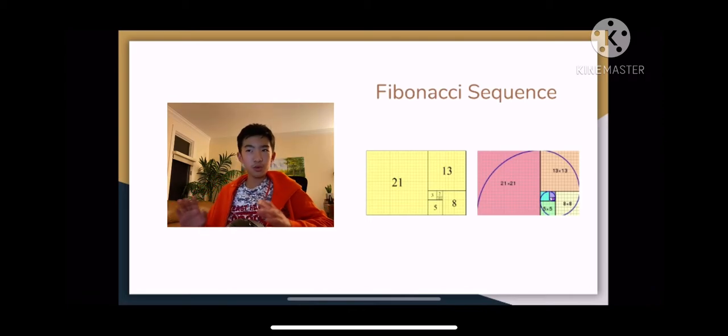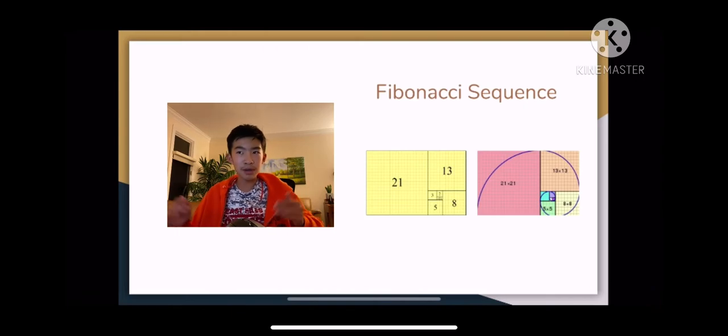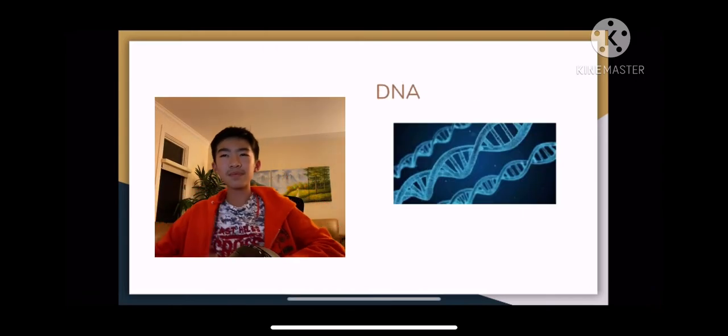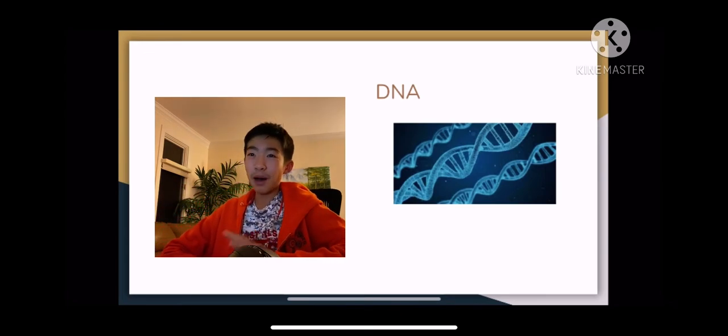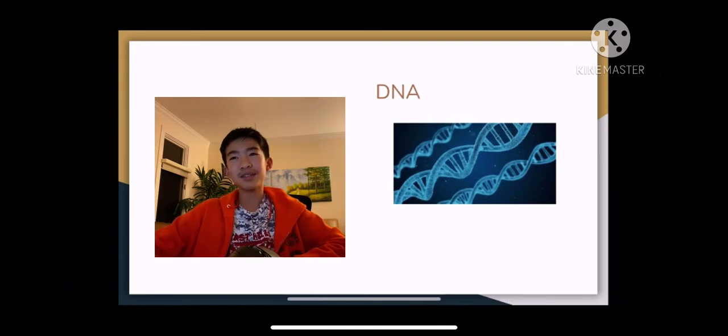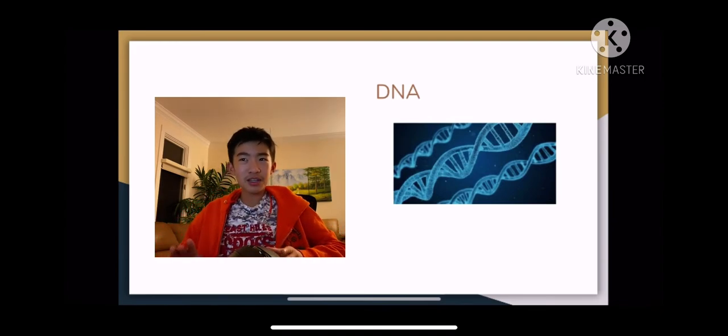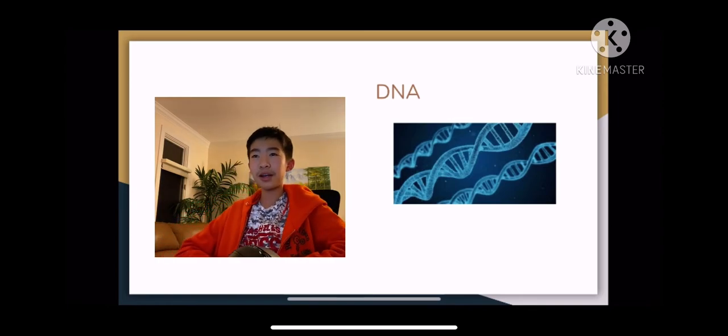Now, this is all cool, but how will this prove that Fibonacci isn't just a useless math concept? Here's an example. Think of the billions of cells in your DNA. What do you think could possibly relate to the Fibonacci sequence? Now, the Fibonacci sequence can be found in the millions upon millions of DNA strands in your body.